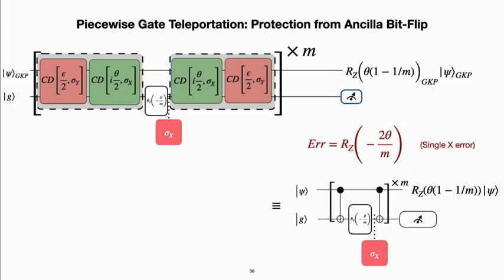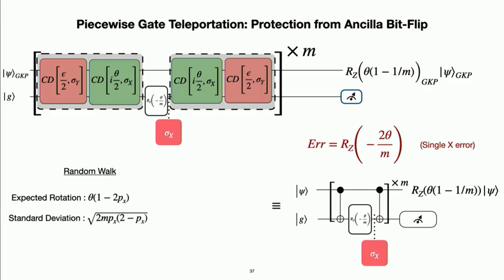However, at the same time, I've increased the probability with which I can have x errors. So this is some sort of random walk, where the expected rotation at the end of these m pieces would be as follows, given px. And the variance in this value would increase as m.